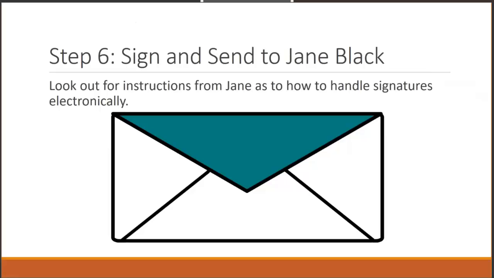I know that at the time this training is conducted, sign and send sounds a little bit easier than it actually is, because most of us are working remotely right now. So as the next reporting deadline approaches, look out for instructions from Jane as to how to handle signatures electronically, because she'll tell you how to handle that.